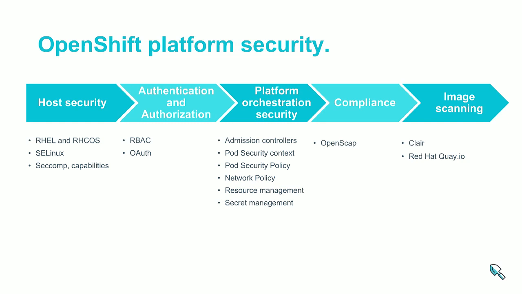We can group all these features around 4 areas. Traditionally, Red Hat Enterprise Linux and now Red Hat CoreOS-based operating systems provide a great level of host security. That's the baseline where we are going to build all the infrastructure and all the systems.